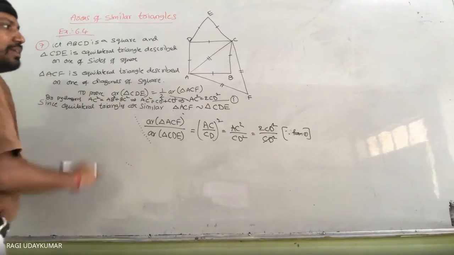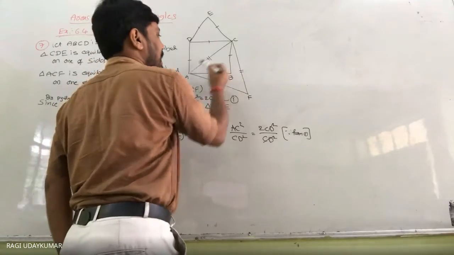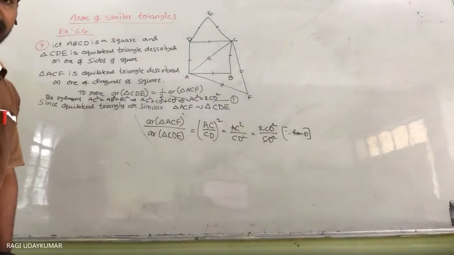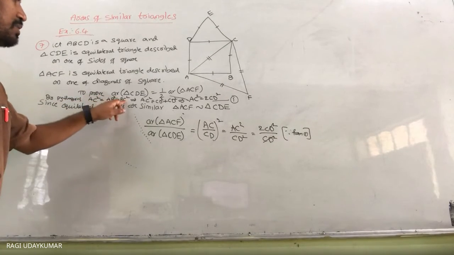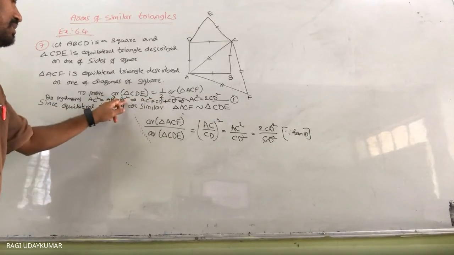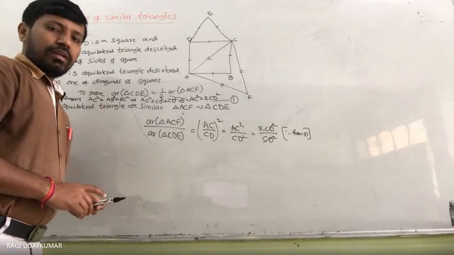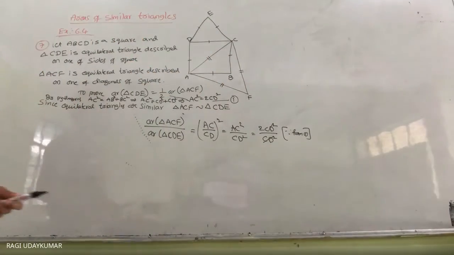Pythagoras theorem. In this triangle ABC, triangle में Pythagoras theorem apply करते हैं. So what do you get here? AC square equal to AB square plus BC square. AC square equal to, in place of AB square, CD square लिख दिया, in place of BC square, CD square लिख दिया, because ABCD is the square.